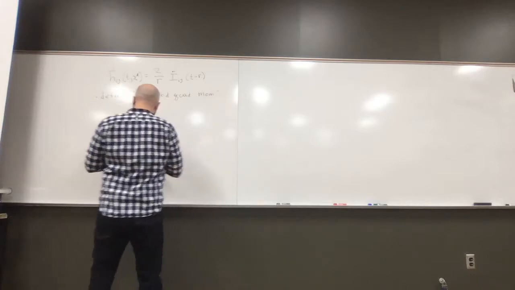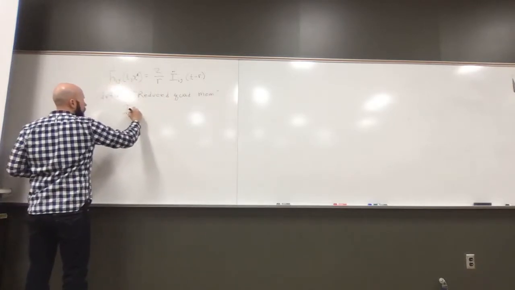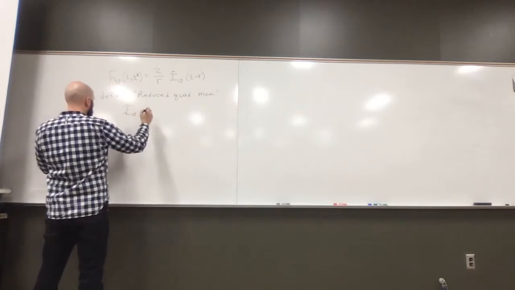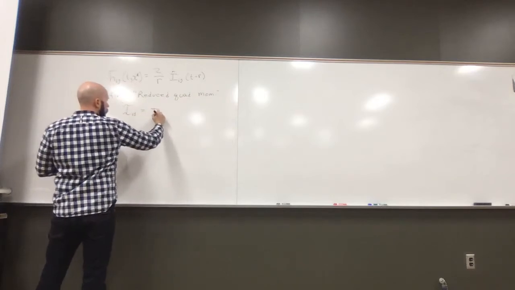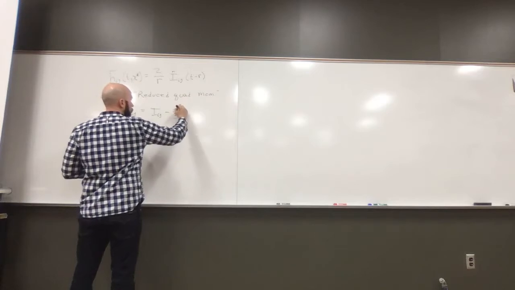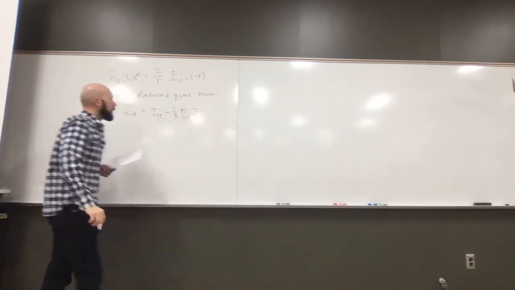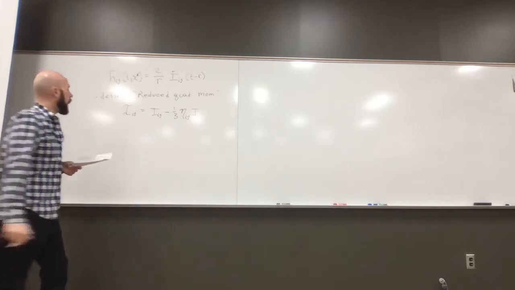Just abbreviate there, and that's going to be squiggly I_ij, which is going to be our regular I_ij minus 1/3 the flat metric times the trace of I.